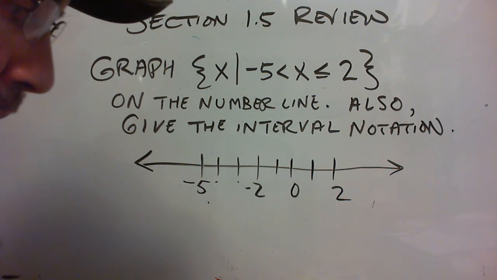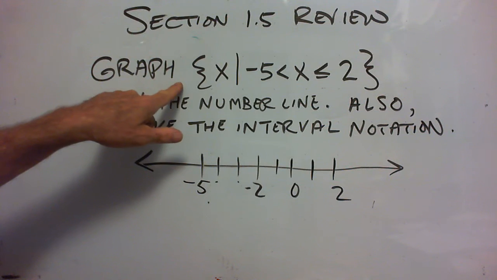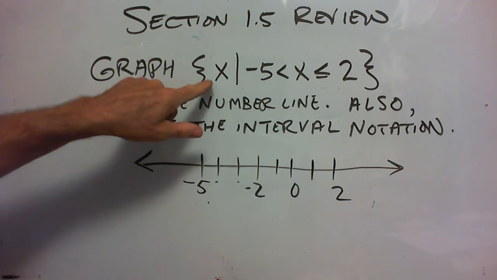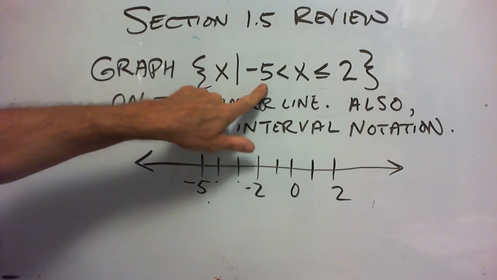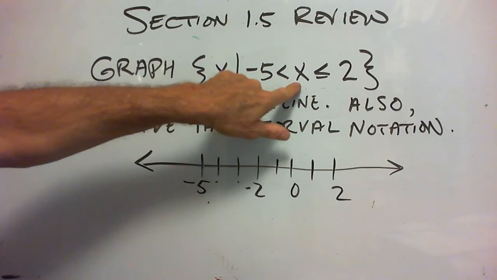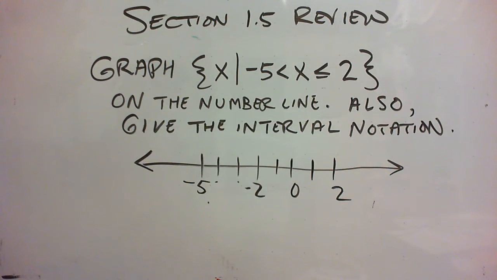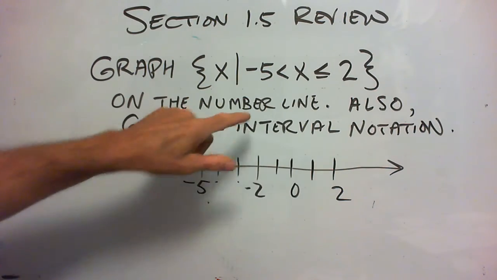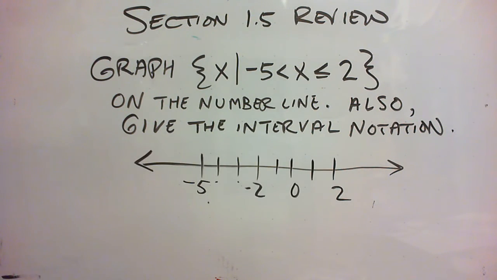Okay, our next problem's like number 5 of the homework. Graph the interval notation that gives the interval x such that -5 is less than x, which is less than or equal to 2. Graph that interval on the number line and also give the interval notation for that.